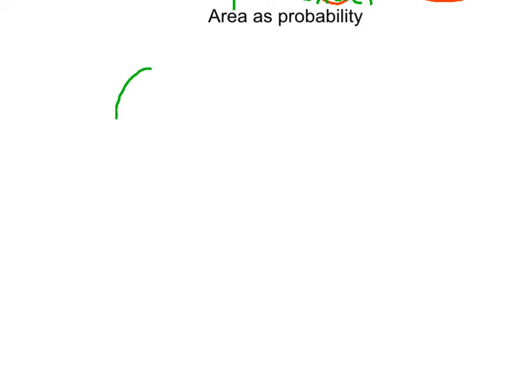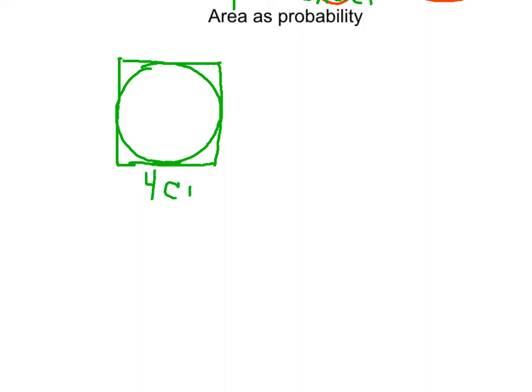Okay, so we're going to start off with a circle. The circle is sitting inside of a square. The circle is just stretching out to touch the sides. We know that this side is 4 centimeters, which means all the sides of the square will be 4 centimeters. And they're going to draw in a radius for us and tell us that that is 2 centimeters.